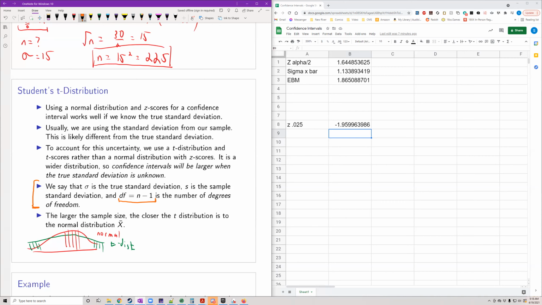Now that we have technology and we can quickly do a t-distribution or a normal distribution, we would say that we would care up to at least 1,000. Anything past 1,000, and it probably doesn't matter whether we're using a t-distribution or a normal distribution. But up to 1,000, we do care.